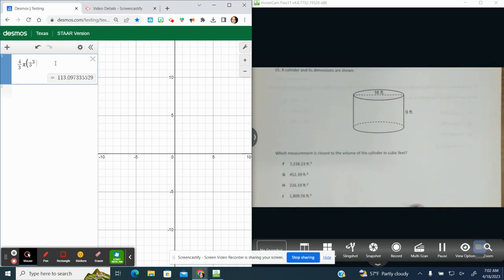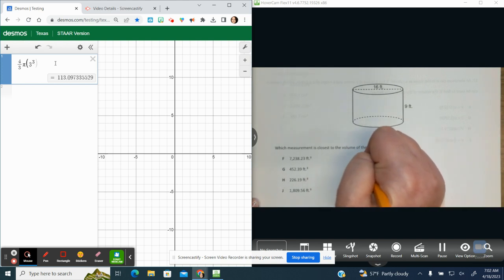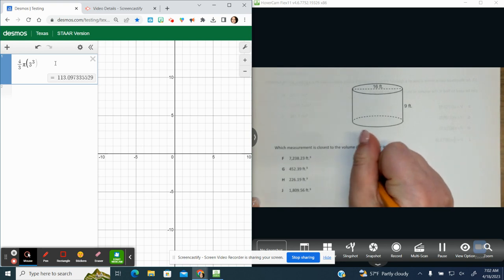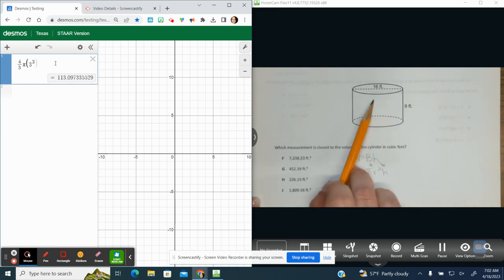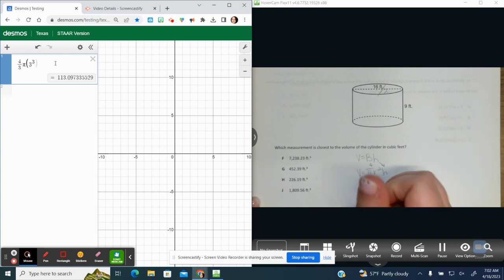A cylinder and its dimensions are shown. What measurement is closest to the volume of the cylinder in cubic feet? V equals big B h. V equals pi r squared h. 16, we got to cut it in half because it's the diameter, and we get 8.